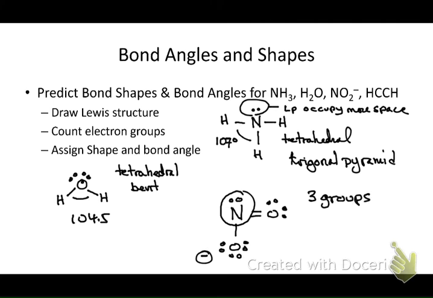And then going back to what we saw previously, that grouping is trigonal planar. So if you think about the molecule that you had before with the brown atom, it looks like that, right? Except one of the groups is a lone pair.